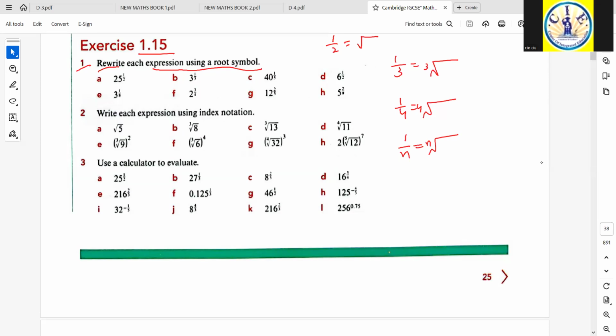So when we need to convert it using the root symbol, we just need to have it for part A.